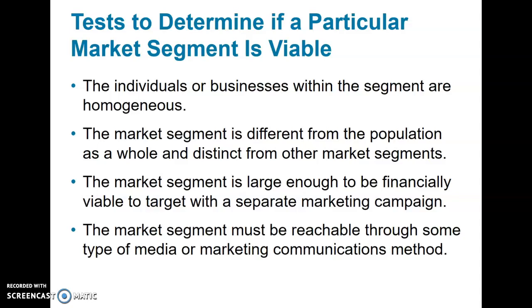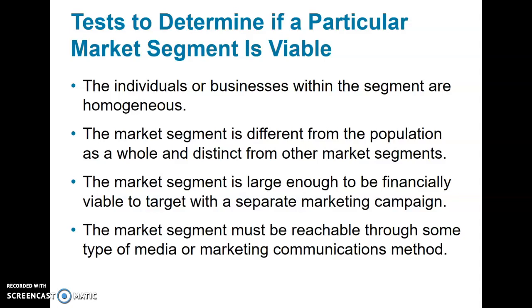First, the individuals or businesses within the segment should be homogeneous. That is, they should be alike. Second, the segment must differ from the general population and also be different than other market segments. Third, it has to be large enough to be financially viable in order to support the marketing campaign.